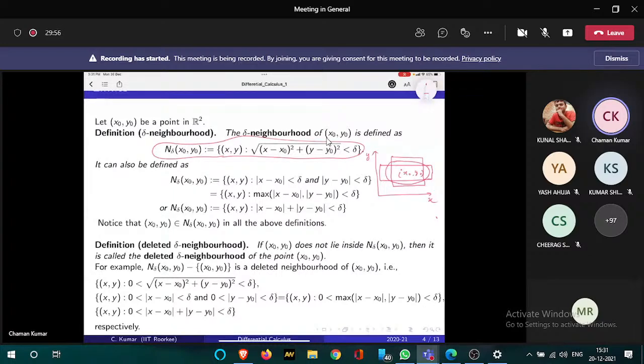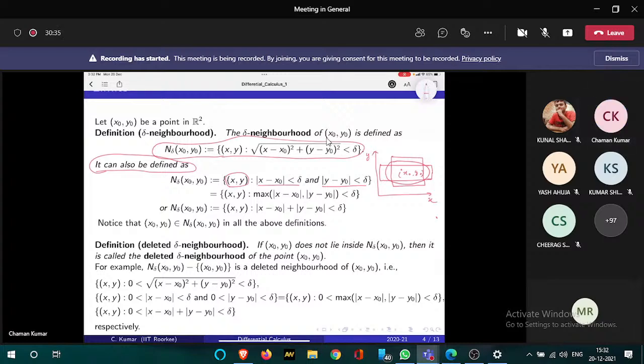When you learn more higher mathematics, then you will see an entirely different definition of neighborhood. But for your course, this definition is enough. That is why you can see that I have written on this slide that the delta neighborhood can also be defined as the collection of all the tuples x and y such that x lies between x naught minus delta and x naught plus delta, and y lies between y naught minus delta and y naught plus delta.